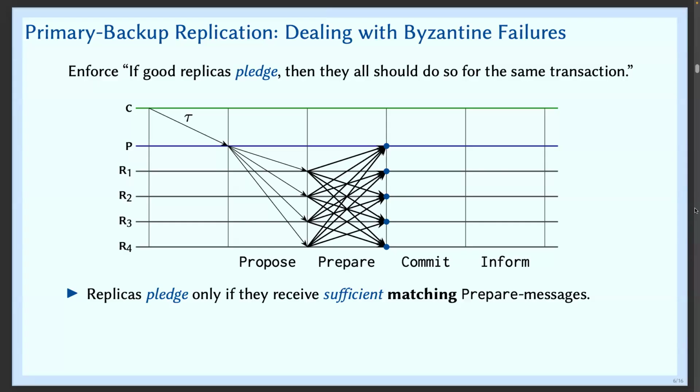It's not about wrong. The message the primary sent is an actual client message. Of course, the primary can just send random stuff, but that's detectable. If the primary sends a garbage message or a random message, a replica won't even prepare it.